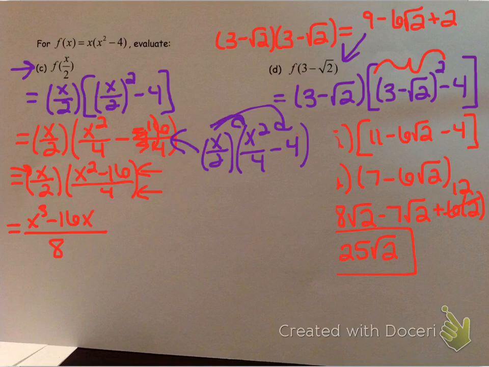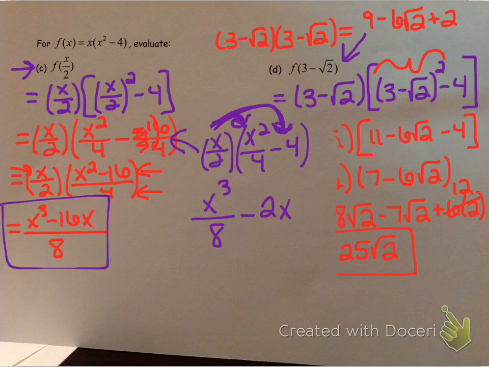And so when you distributed to the first part, you would have had two fractions to multiply together, and you would have gotten x cubed over 8 minus. And then when you distribute to the second part, you would have had 4x over 2, which just reduces to 2x. So this and this are both correct. They're both acceptable. They're equivalent to each other, and it doesn't matter which one you give me.